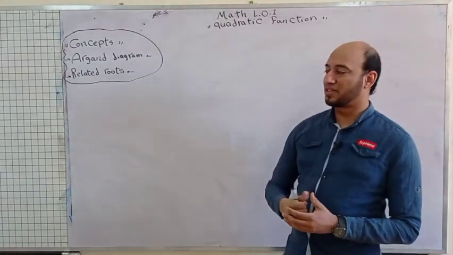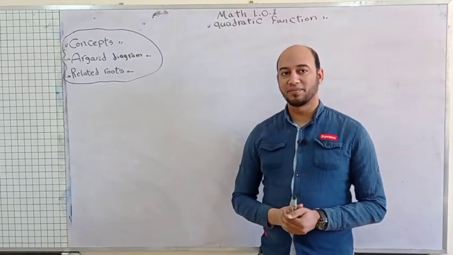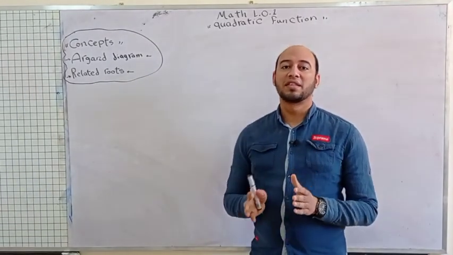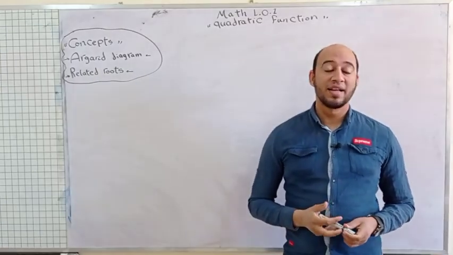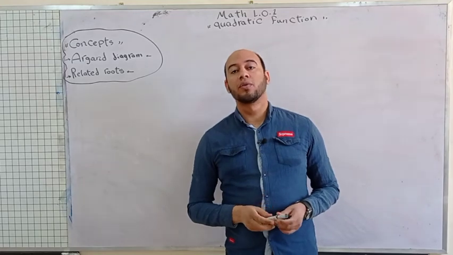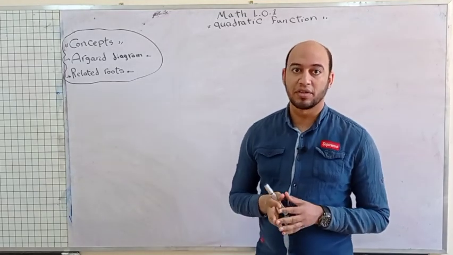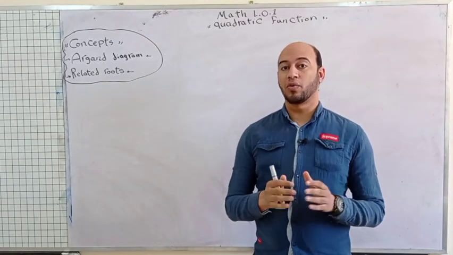The concepts that we will take today: Argand diagram and related roots. Let's start with Argand diagram. In the previous session, we talked about the complex number and the types of root of the quadratic equation.